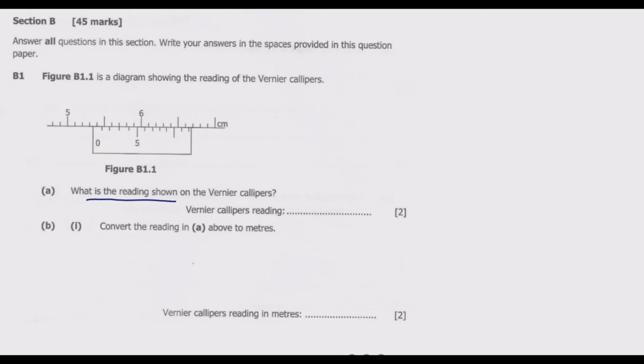So this is the main scale, then this is the Vernier scale. Let us call the main scale MS. What is the reading? We know this is 5, then this is 6. If you count between 5 and 6, we have 10 subunits, and this is half, which is 0.5.